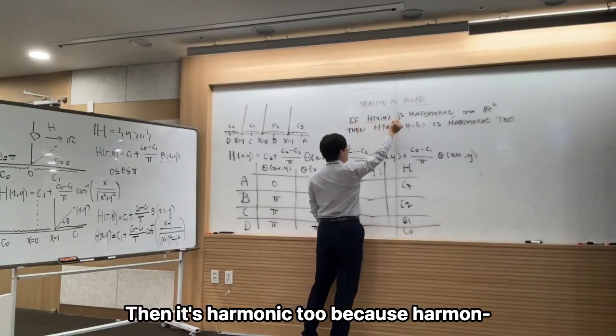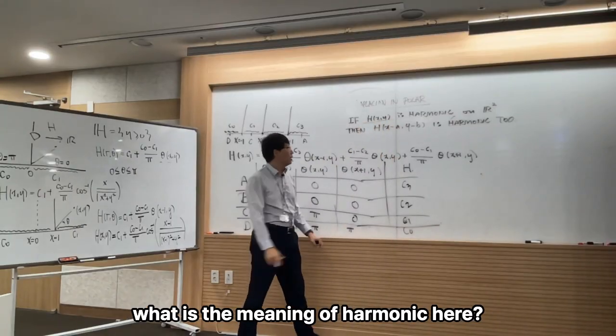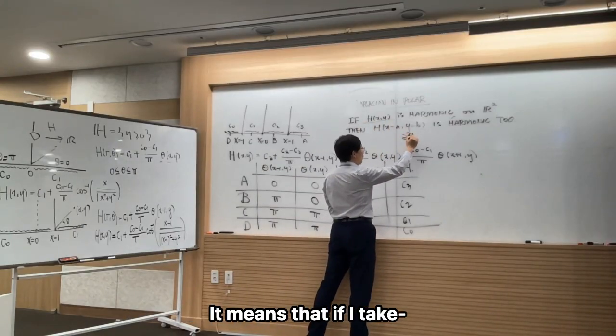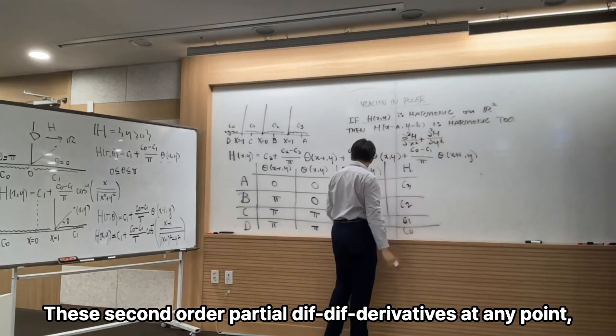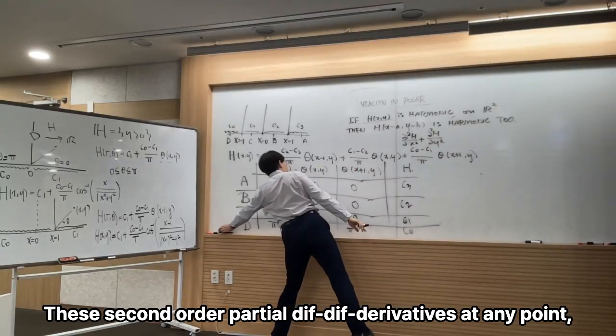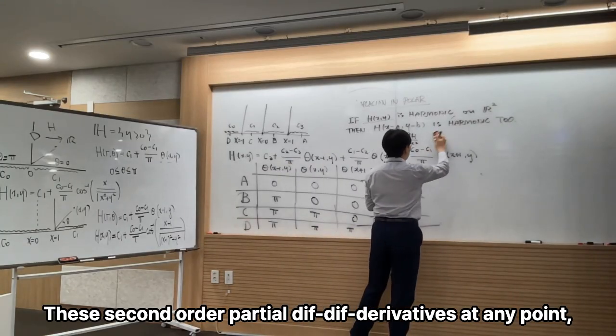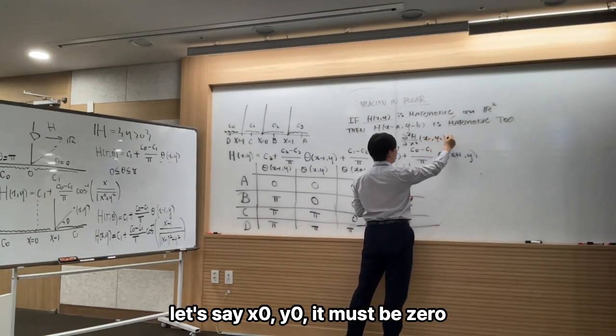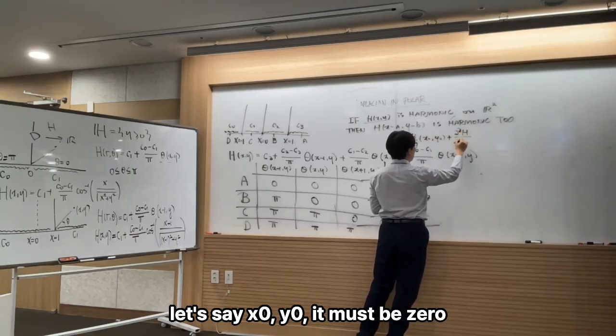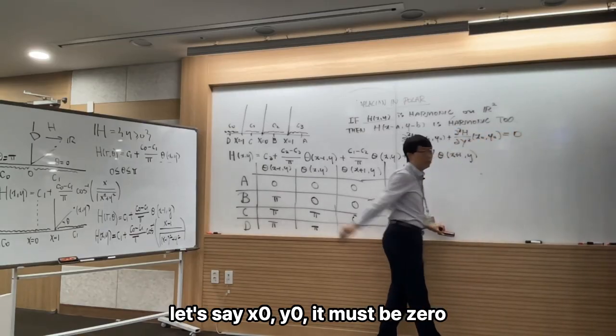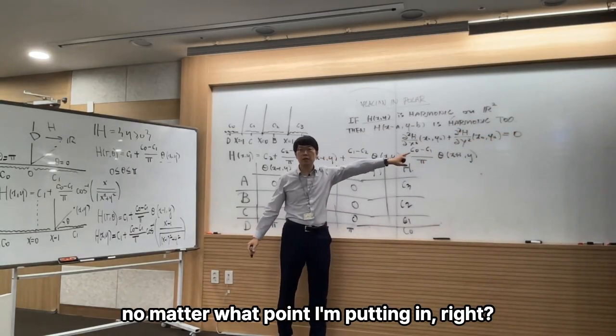Because what is the meaning of harmonic here? It means that if I take these second order partial derivatives at any point, let's say x0, y0, it must be 0, no matter what point I'm putting in, right?